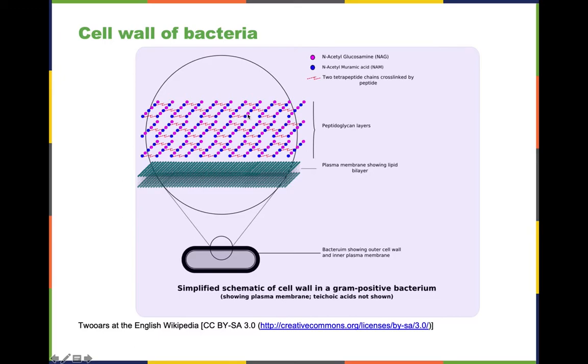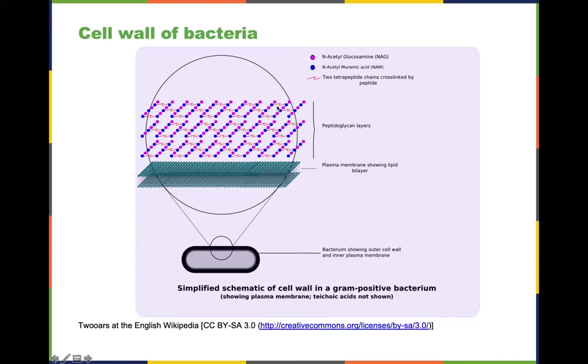You can see in here the legend is describing it. It's two tetrapeptide chains. Tetra means four, so there are 4 amino acids attached together in each chain, and they are cross-linked by another short peptide.